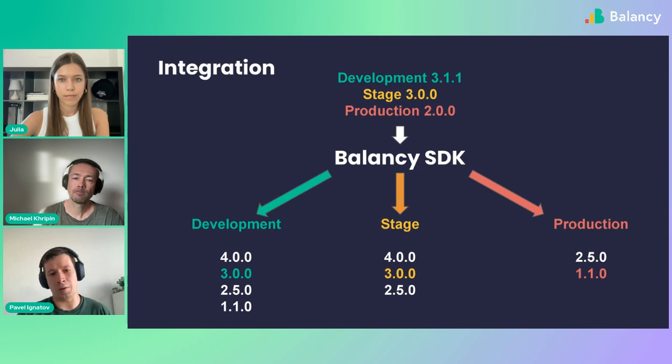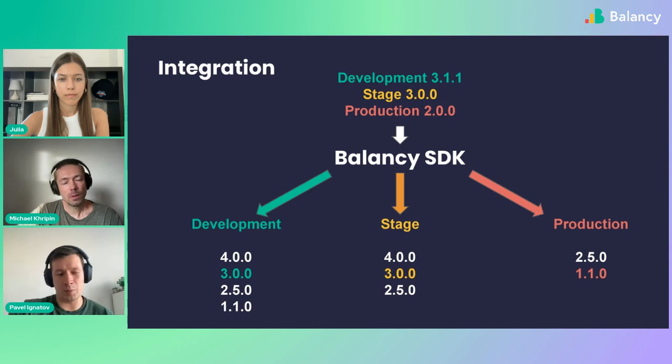So SDK first checks the environment. In my first example, development 3.1.1, it's development. So I take all the existing branches which connect to the development, and you can see them on the left. There are, in my example, 4 different branches with different app versions.